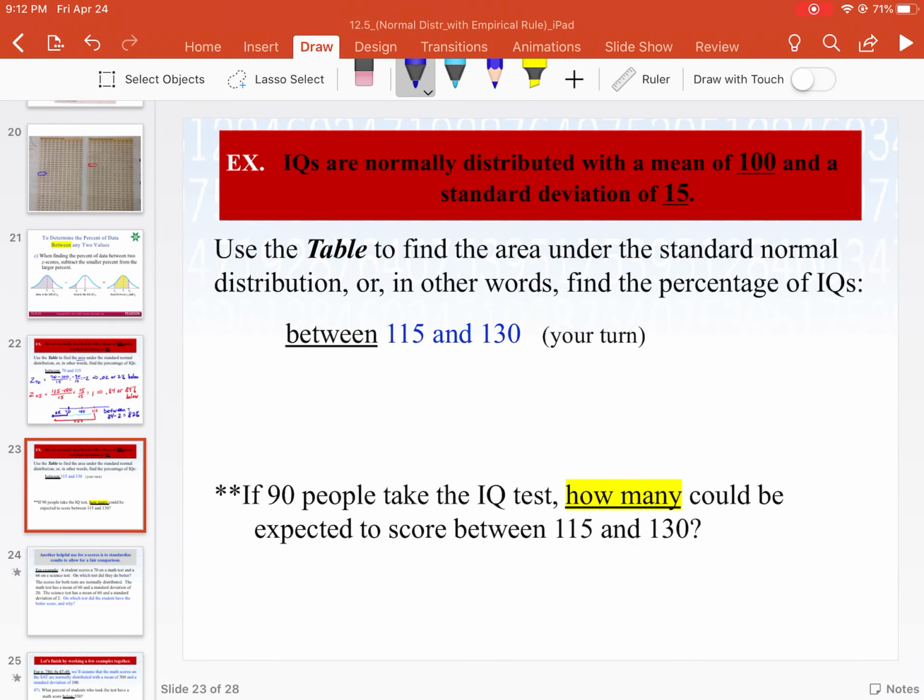So let's do one more. Between 115 and 130. What I want you to do is not even look at the video. Whether you printed these out or whatever you did the notes on, you try to work this one out.